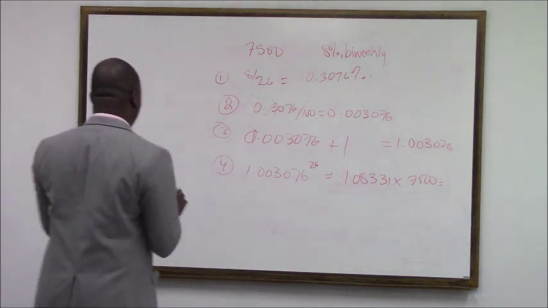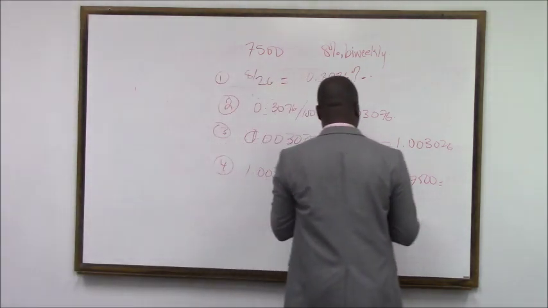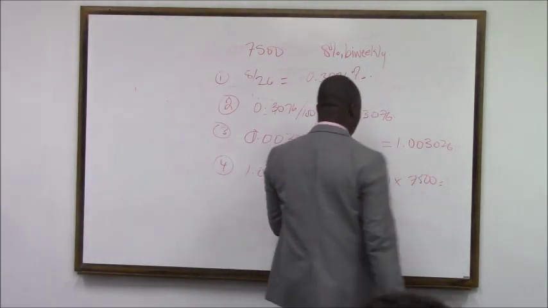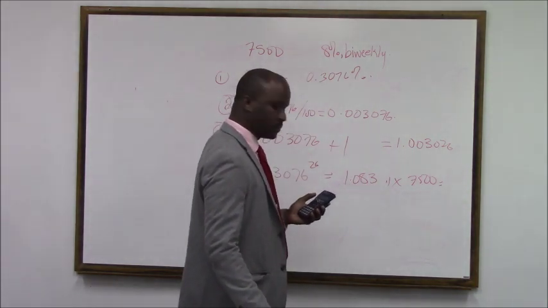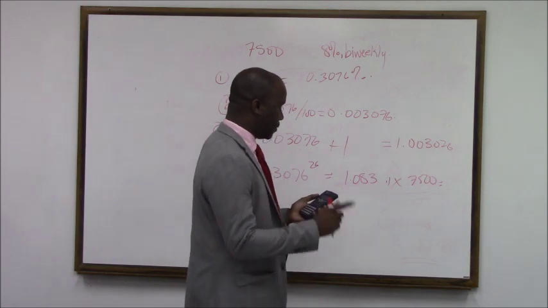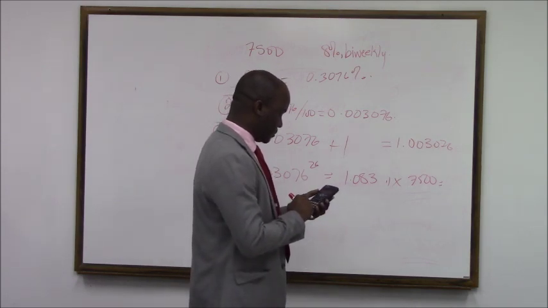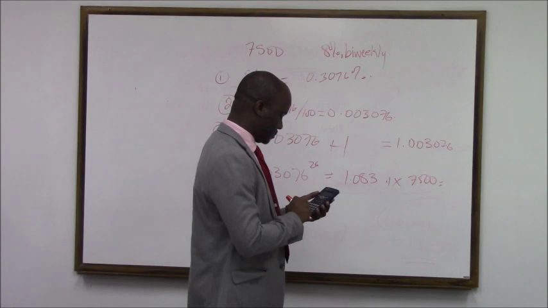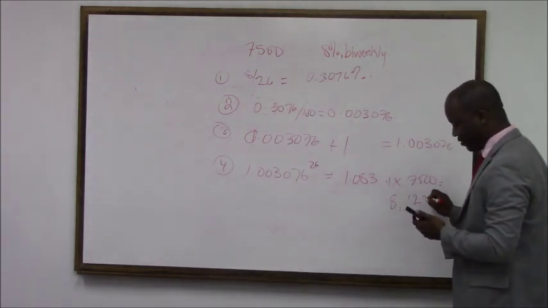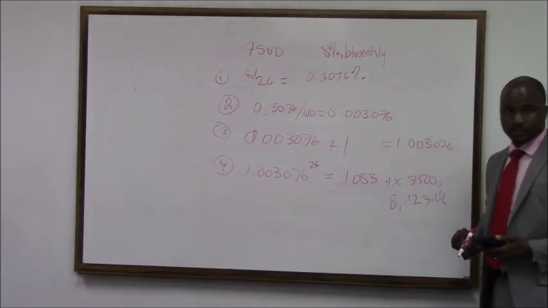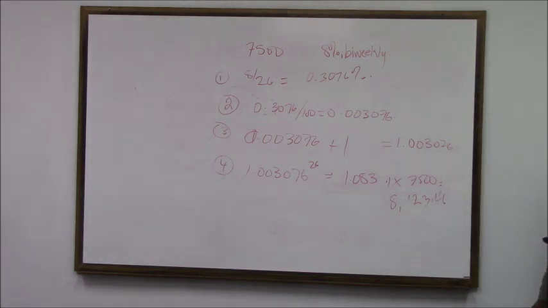It's 1.0831, you got that? That could make or break you. I want to start over. 8,123 and 46 cents. I didn't get that far because I made an error on step 2.